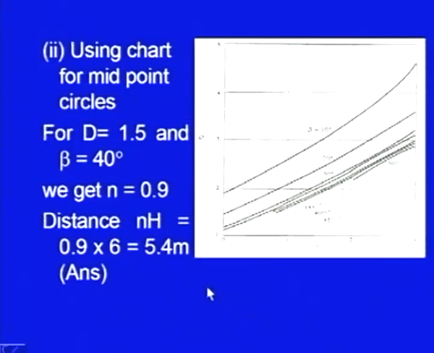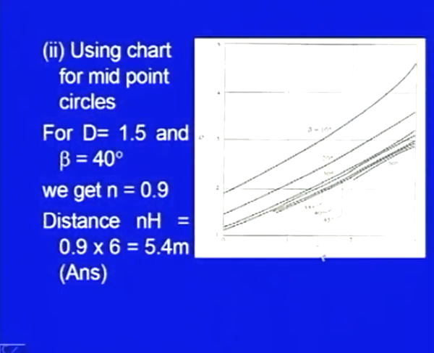Now, in the second part of the question, we have been asked to find out the point where the failure circle is meeting the ground. So, this is the chart. I have already shown it. On the x axis you have n, on the y axis you have d. In this particular case d is 1.5 and beta equal to 40. So, d equal to 1.5 is somewhere here, and beta equal to 40 is this circle.